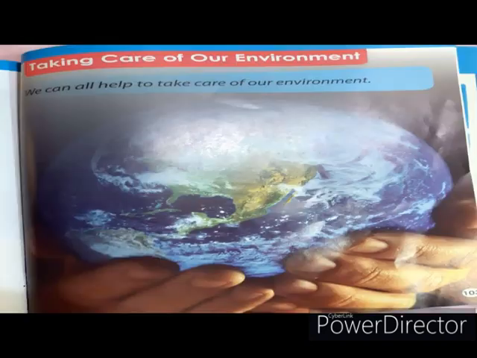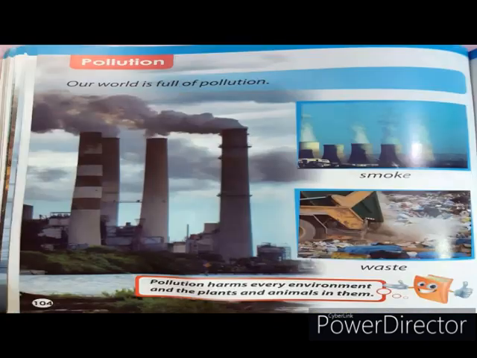Now let's go to the book, page 104. What is the title of page 104? Pollution. Excuse me, sorry, 103. What is the title? Taking care of our environment. We can all help to take care of our environment. Yes, we can, by using the 3 R's. Now go to page 104. Pollution.